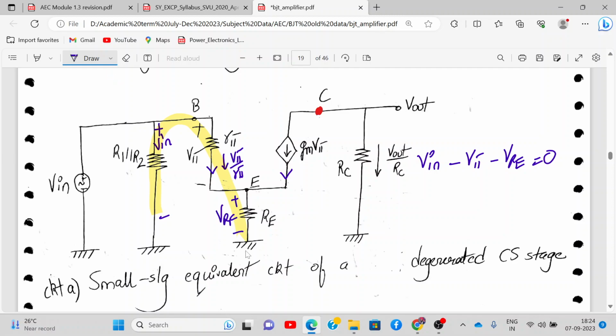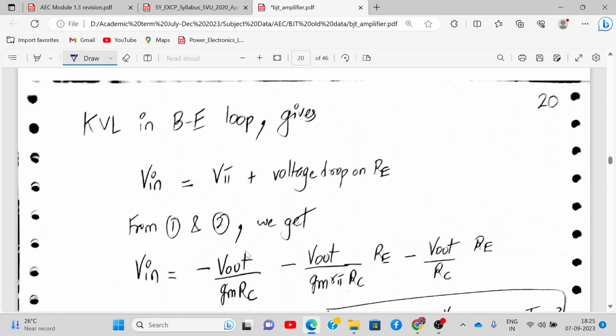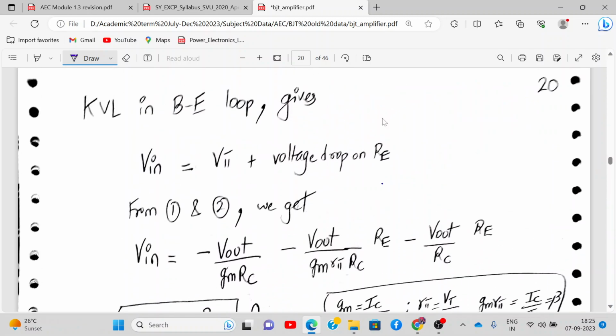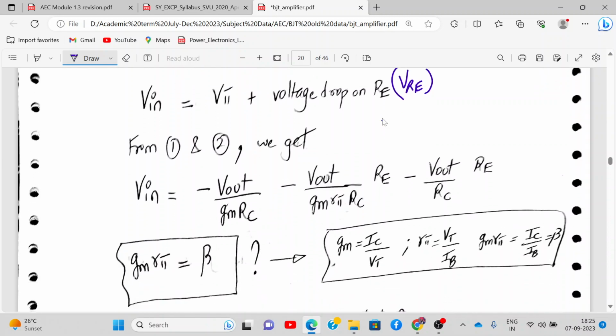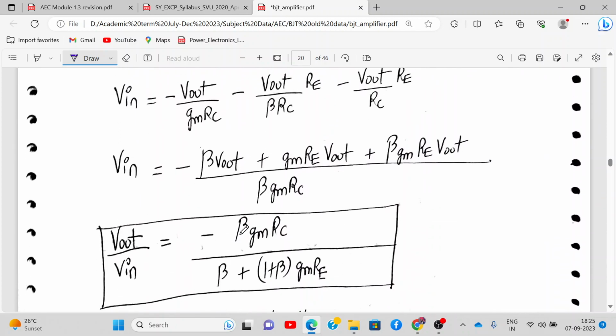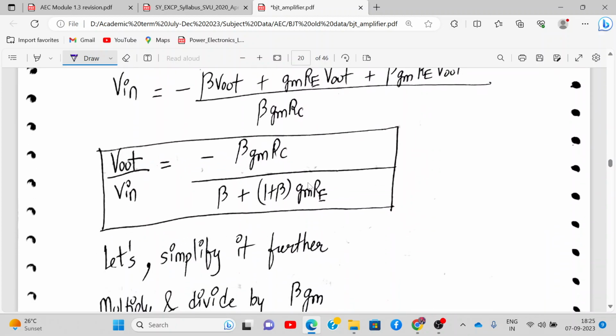So this is the KVL we apply. V in is equal to V pi plus the voltage drop across RE, which is VRE, which we have calculated. So you plug in the values, rearrange the terms, and then you will finally get this formula.